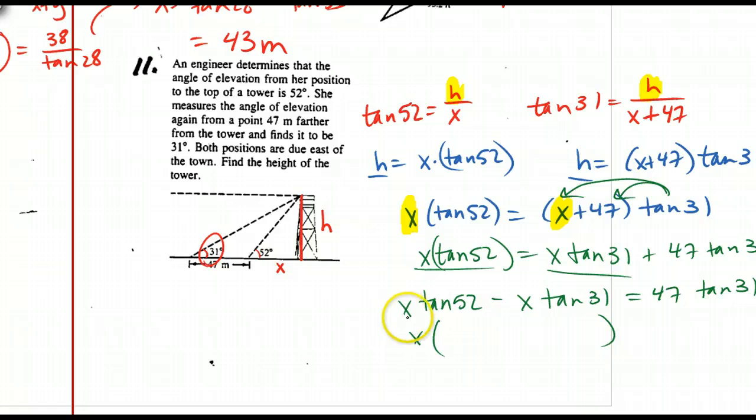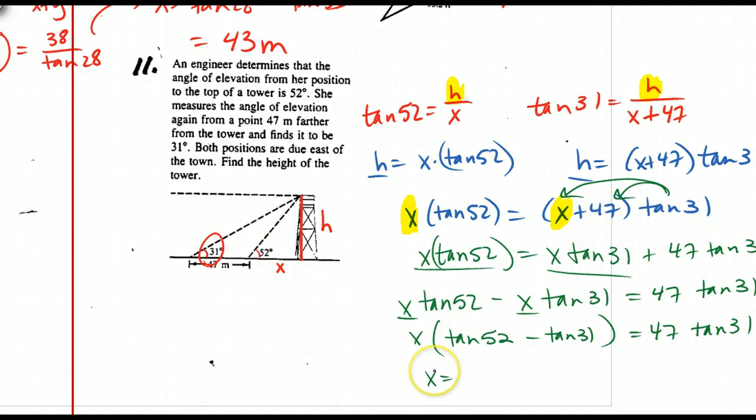So when I factor the x out of this expression, I'm left with tangent of 52 minus tangent of 31 equals 47 tangent of 31. And x equals 47 tangent 31 divided by tangent 52 minus tangent 31.